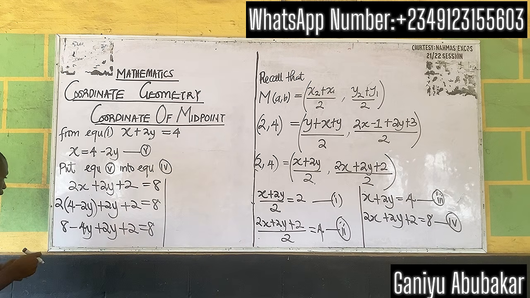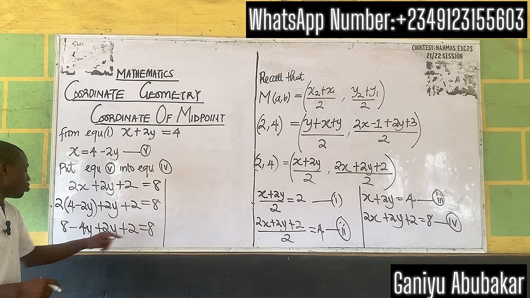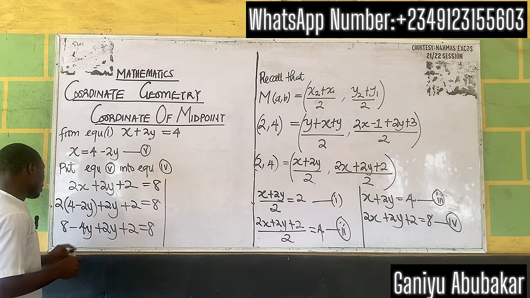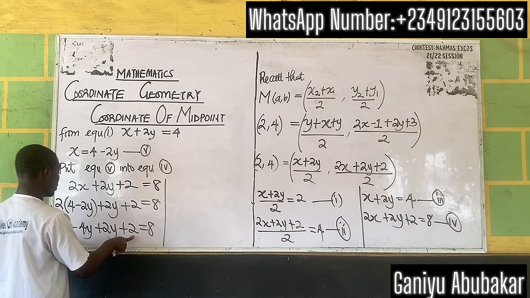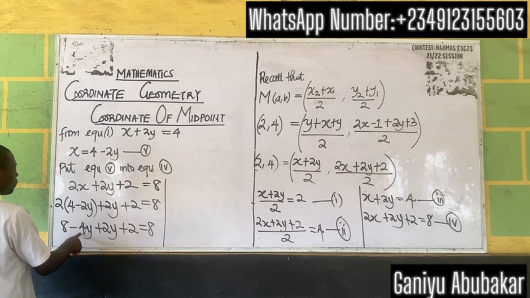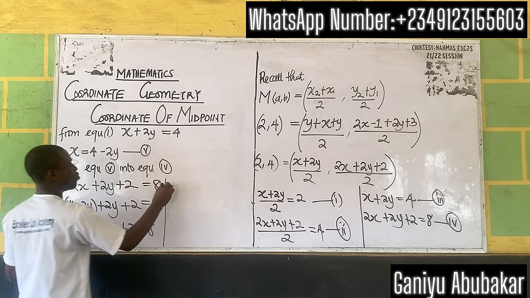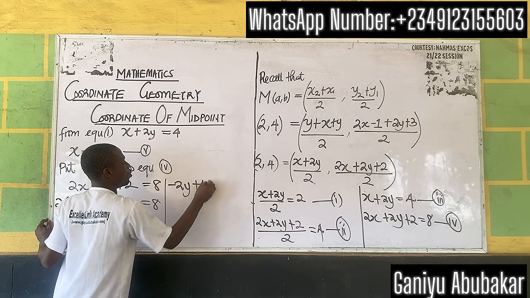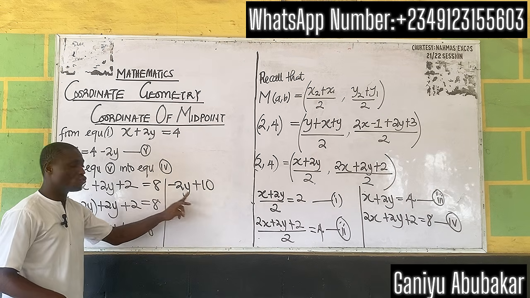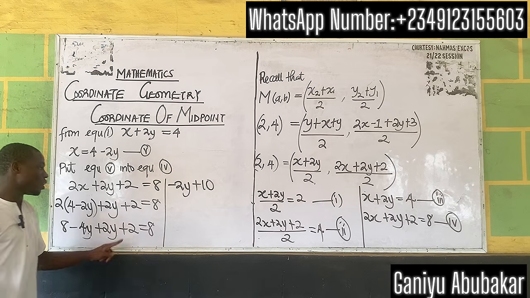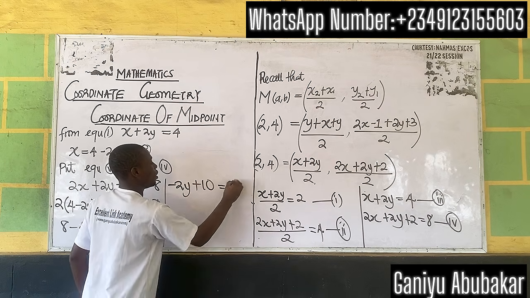All right. 8 plus 2 gives you 10. Negative 4y plus positive 2y gives you negative 2y. So 10 minus 2y is equal to 8.